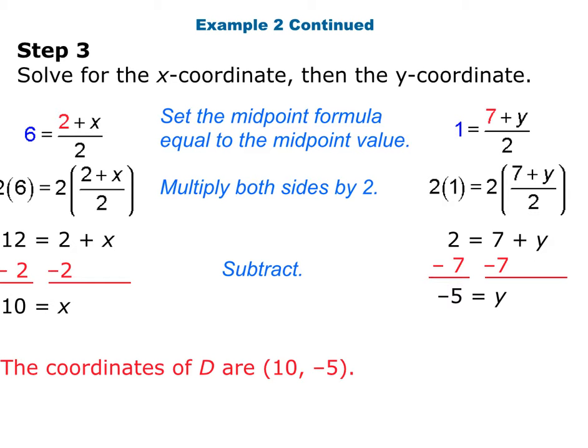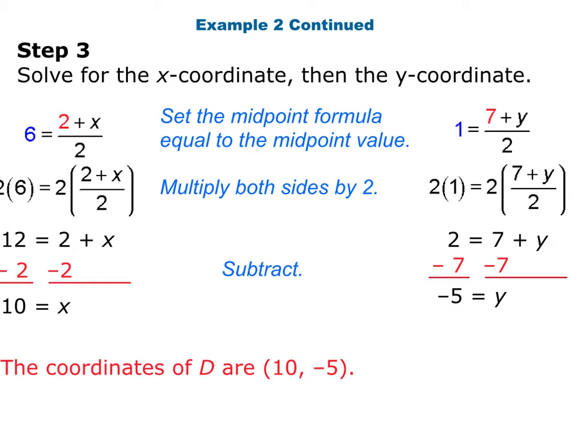Okay, I thought it was supposed to come out to be 10. My bad. Okay, multiply this one by 2 to solve it. y plus 7 equals 2. Subtract 7, and you get y to be -5. So by calculating, I can come up with D being 10, -5, and not graph it at all.